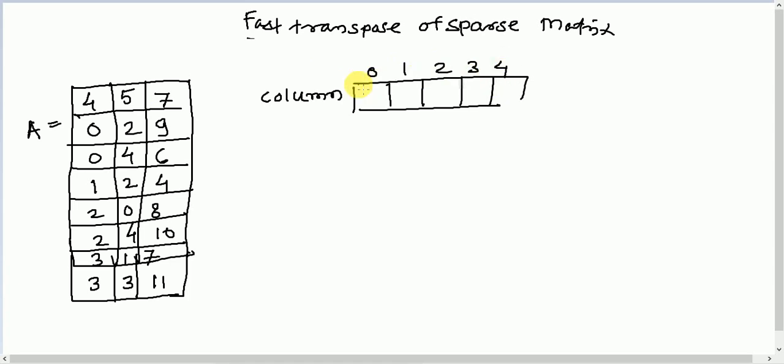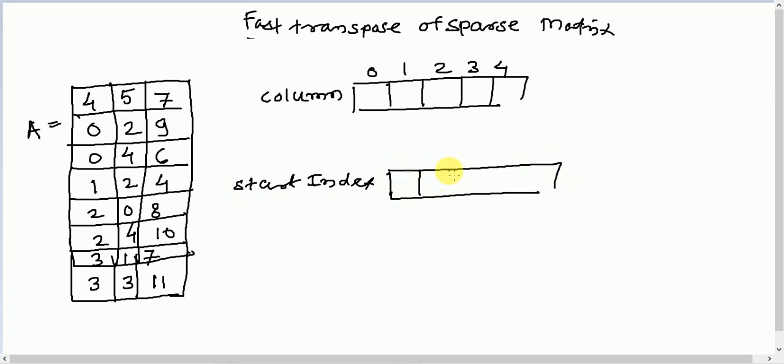Then you can define the start index for each column: the start index for the respective columns 0, 1, 2, 3 and 4. Okay, that is the way you are supposed to solve this particular example.